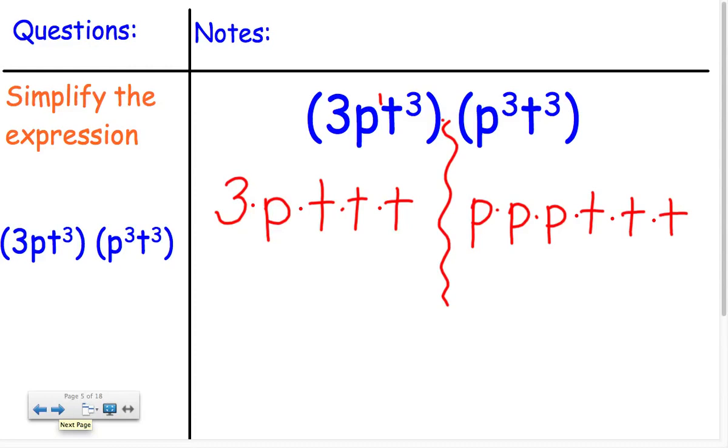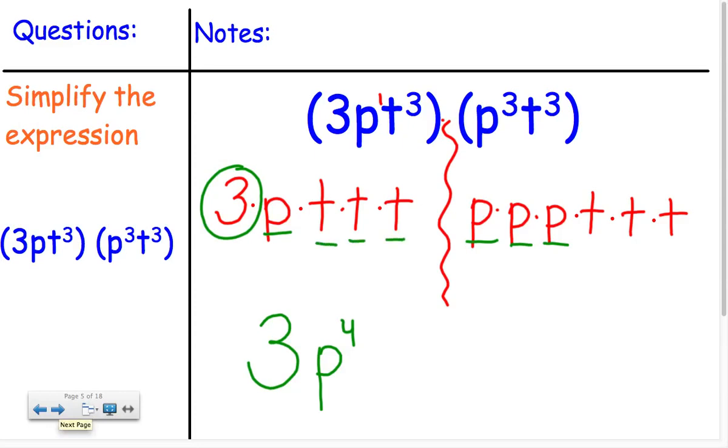So I have this 3 here, but I don't have any numbers to multiply it by over there, so I'm just going to keep it as 3. I have 1, 2, 3, 4 p's. And I have 1, 2, 3, 4, 5, 6 t's. So my answer is 3p to the 4th, t to the 6th.